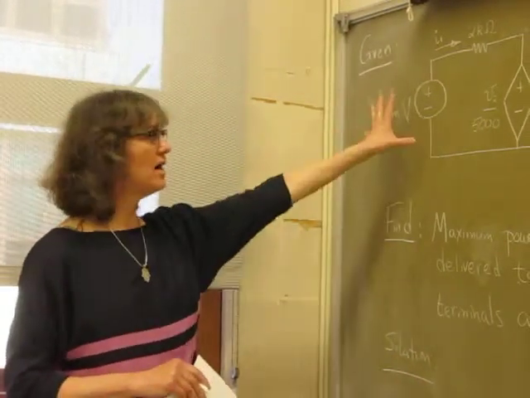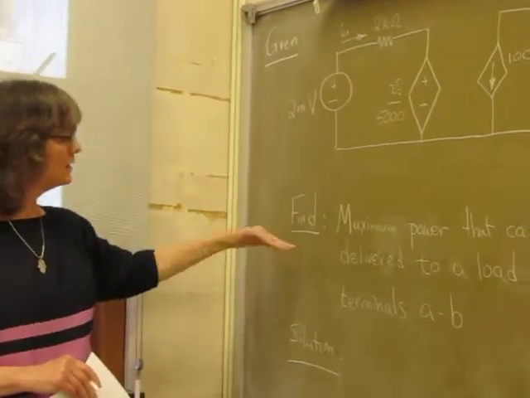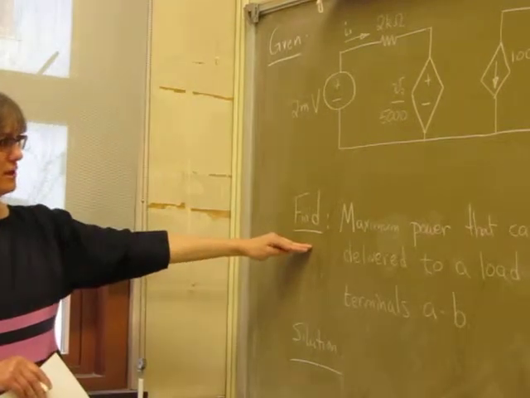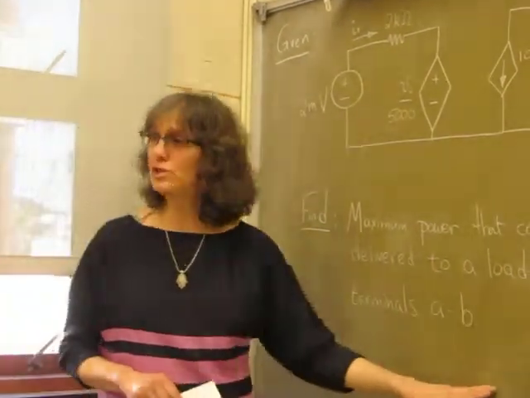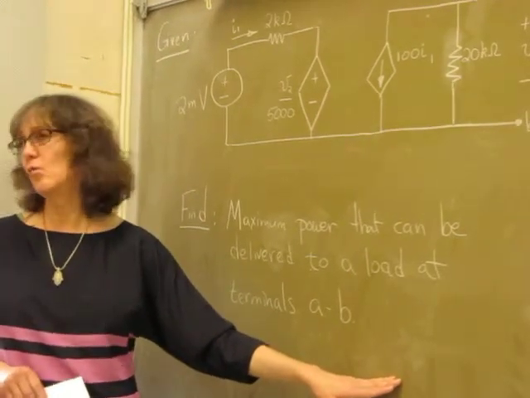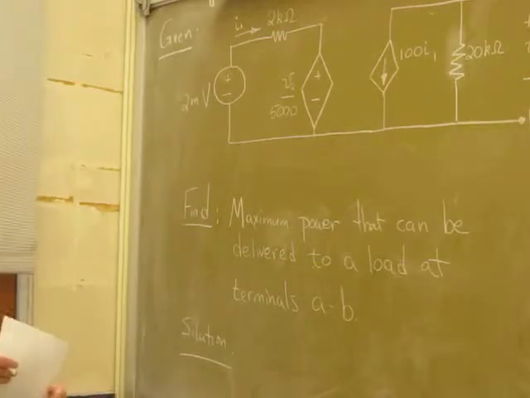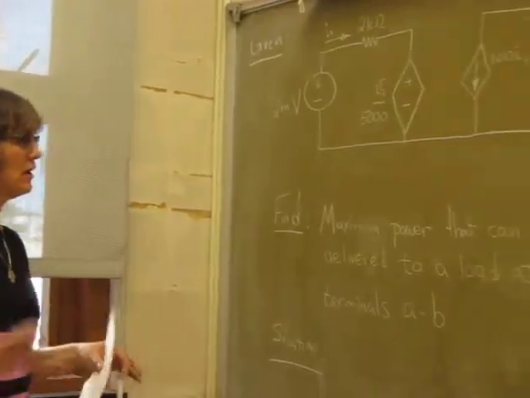So you have to have in your section all the given information, and then clearly identify what it is that you're being asked to find. And then when you start your solution, I want the solution to be very clear and show me every step you're taking and why.